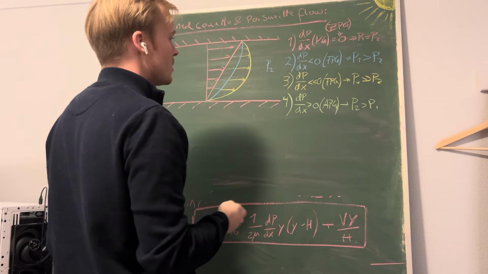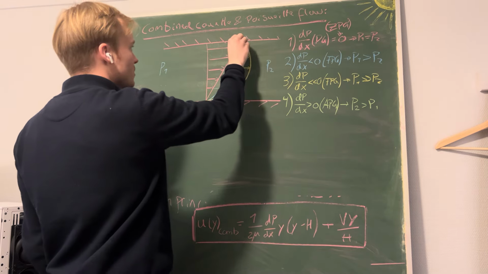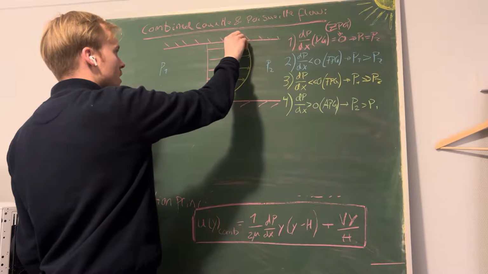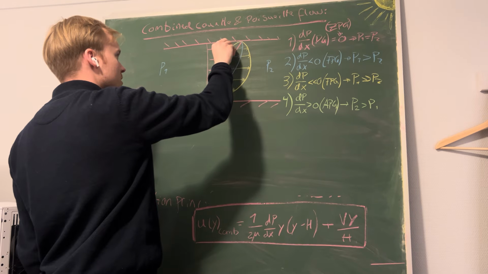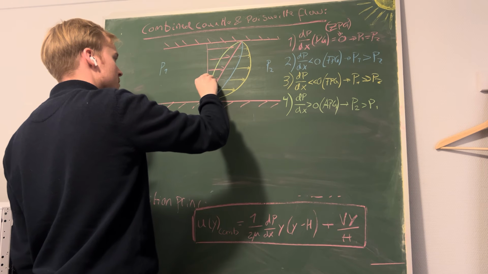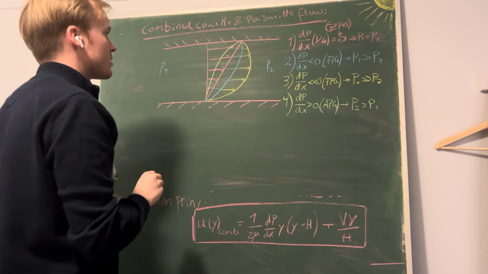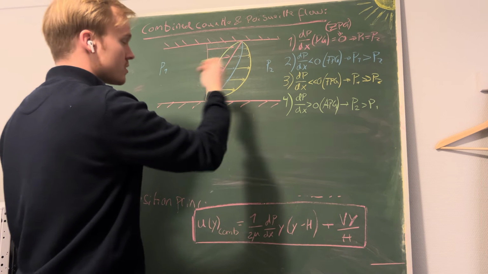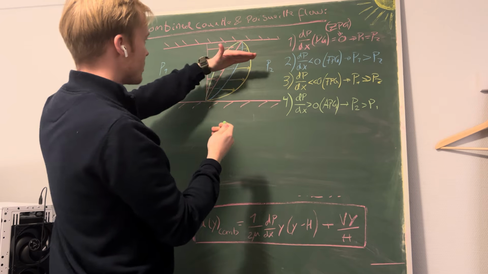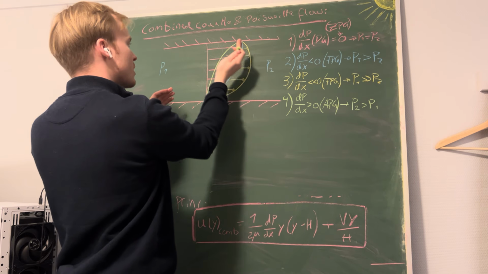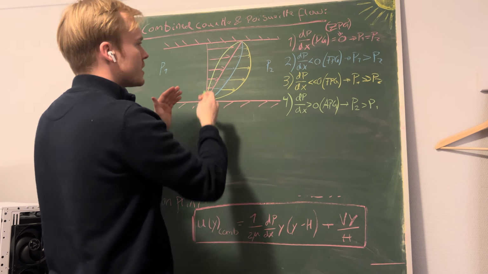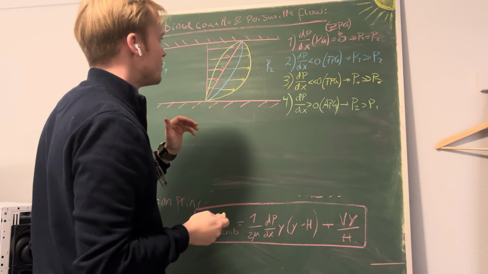And then what happens is that our velocity profile is looking like this. So now we are still moving this way, but we are working against what would be the Couette flow.